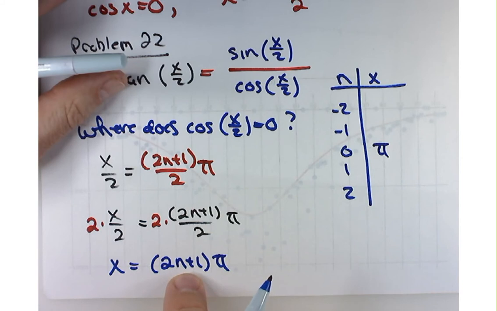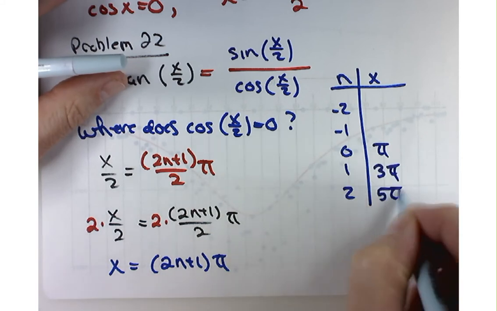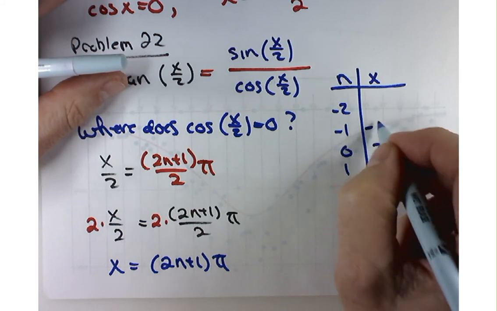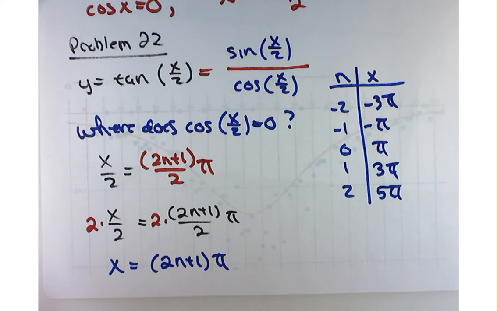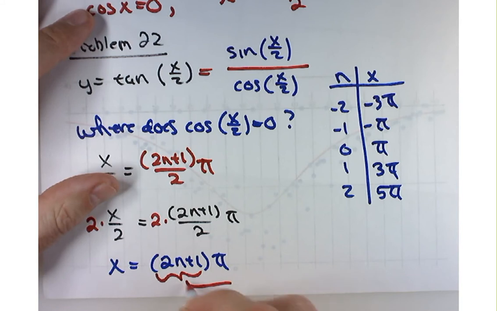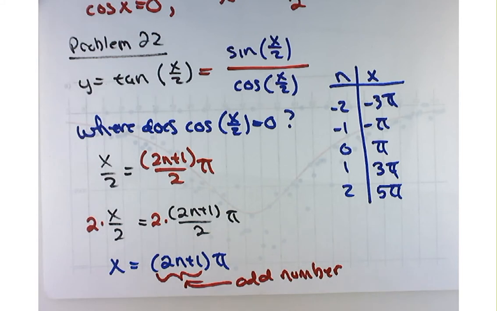If I plug in n equals 1, I get 3 times pi, 5 times pi, negative pi, negative 3 pi. The thing to keep in mind about this is 2n plus 1 is always going to be an odd number when n is an integer.